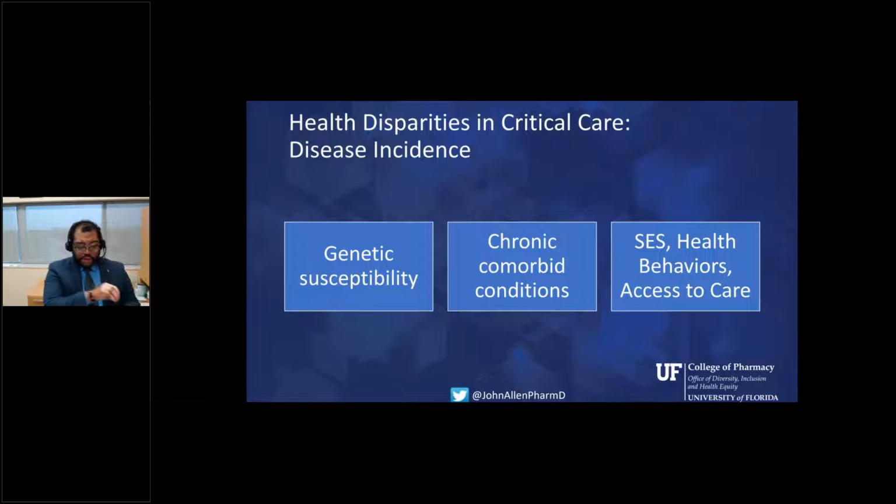And so genetic susceptibility, however, doesn't fully explain the differences in prevalence for common acute critical illness diseases. For example, I talked earlier about VTE risk in African Americans. However, African Americans don't carry the most common mutations associated with higher risk of VTE.